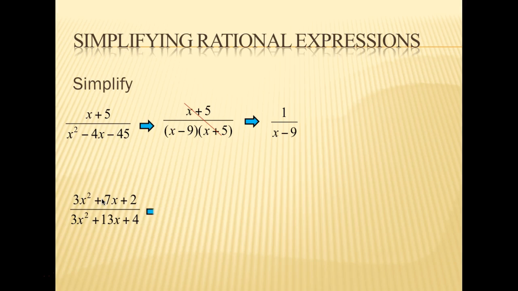Okay. So if I factor my numerator, I end up with this. When I factor my denominator, I end up with this. And if you notice, I have 3x plus 1 in my numerator and 3x plus 1 in my denominator. That reduces to 1. So my simplified answer is x plus 2 over x plus 4.